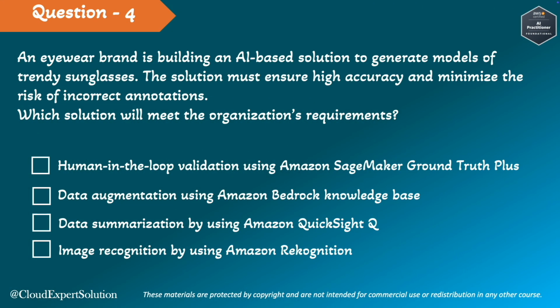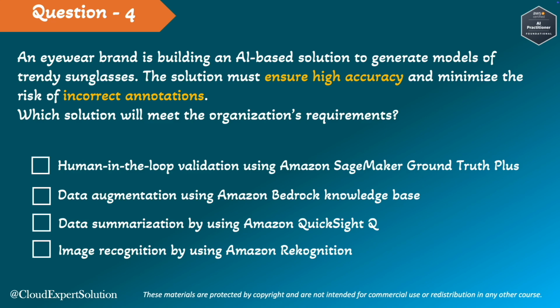Question number 4 is saying an eyewear brand is building an AI-based solution to generate models of trendy sunglasses. The solution must ensure high accuracy and minimize the risk of incorrect annotations. Which solution will meet the organization's requirement? Let's first try to identify the important phrases from the question.